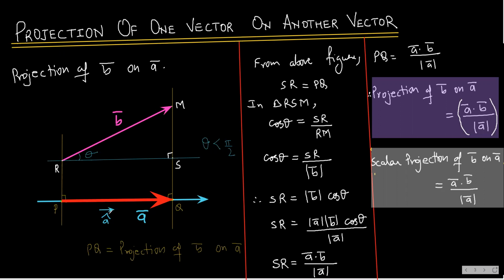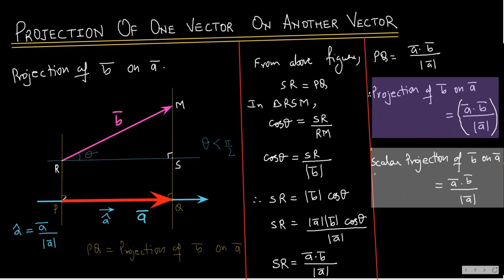What would A cap be equal to? As you know, A cap would be A bar upon mod A bar. A cap, the unit vector in the direction of A bar, is vector A bar upon its own magnitude.